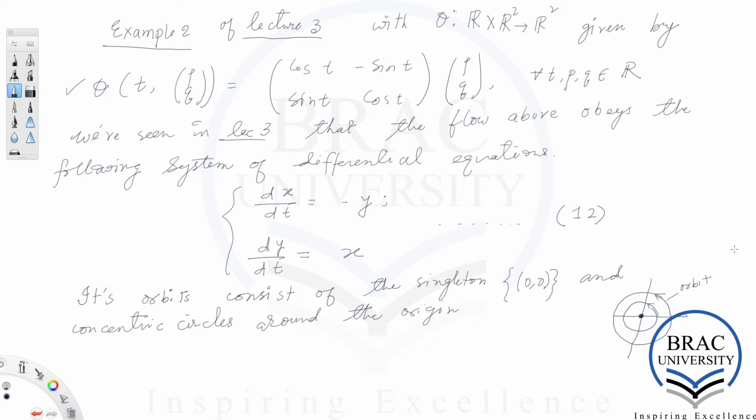Okay, for instance, we can take the point (1, 0) and take its orbit. We will see that it consists of all the points (x, y) in R2 such that they lie on the circle of radius 1 centered at (0, 0).